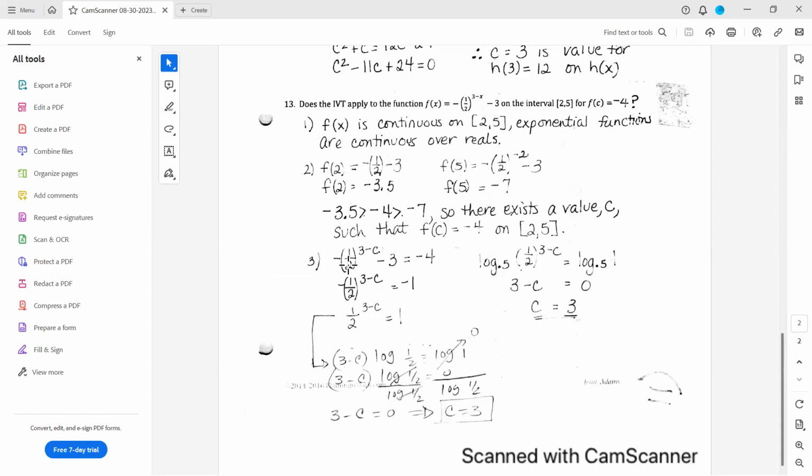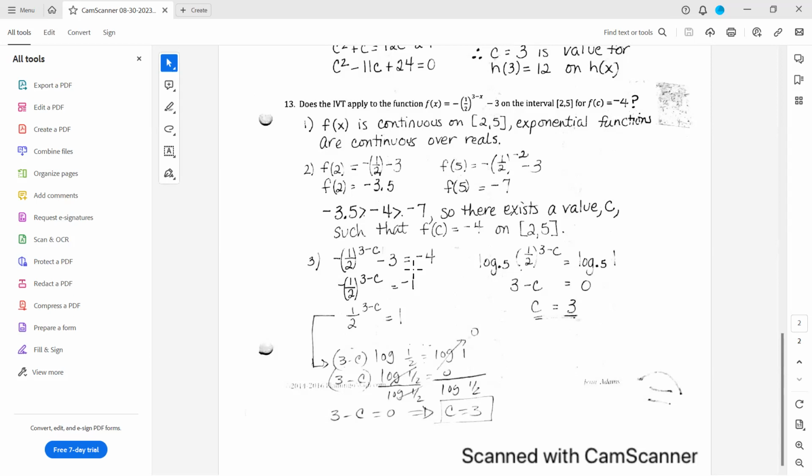So -1/2 to the 3 minus c, minus 3, equals -4. Solve the equation. Start by adding 3 to both sides. So -1/2 to the 3 minus c is -1.